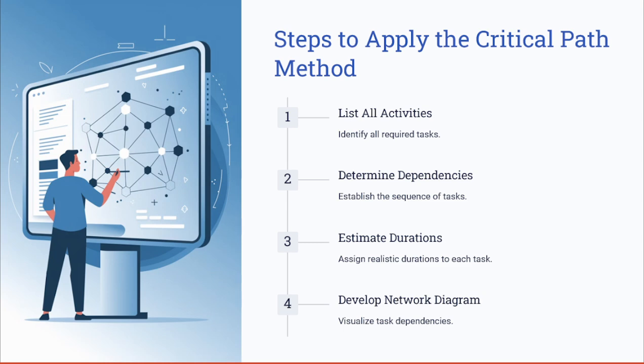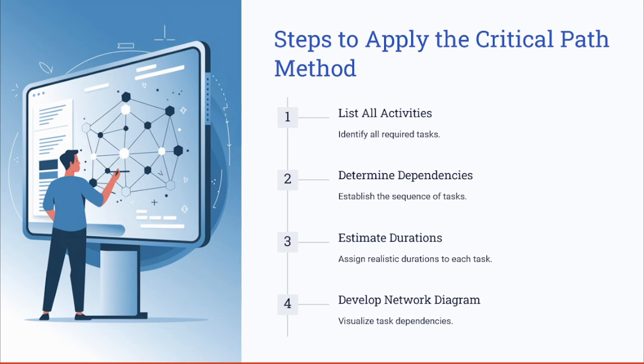Next, you need to determine the dependencies, which is like establishing the sequence of tasks. If task A depends on B, you put A and then B and then C and then D, until you finish the work package itself.